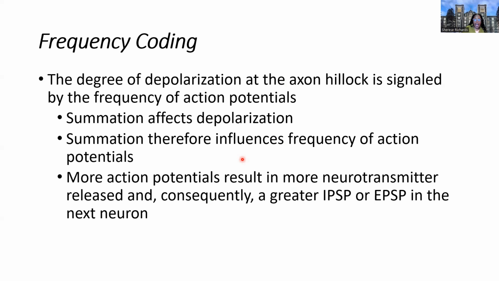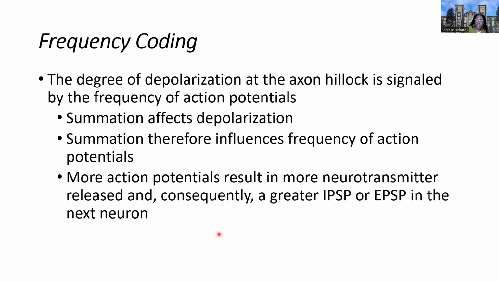The ability to add these graded potentials together can get us closer to depolarization. And so this is going to influence how fast those action potentials are coming in, right? Because we can start adding them together. If they're close enough in space or close enough in time, we can start combining them. So summation is one of the mechanisms of bringing about the frequency coding of action potentials.